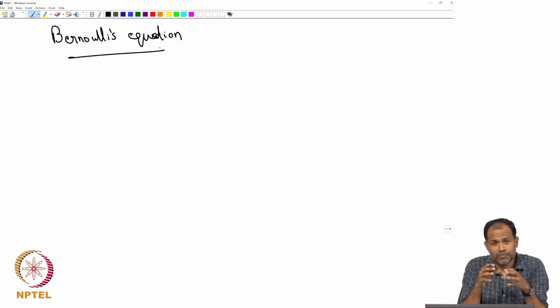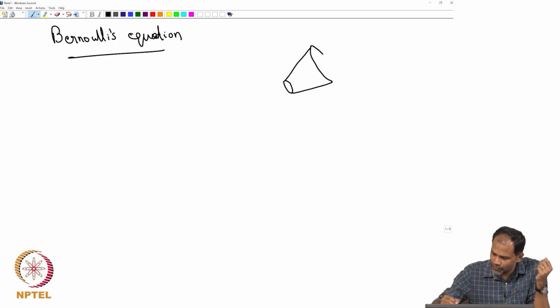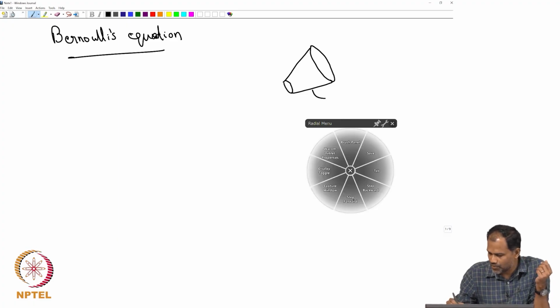So, for this particular one, we are going to really write down just energy balance as a 1D equation. Okay. So, we will not consider therefore a cubic element, we will consider something simpler. Let us say a fluid element, which is actually a stream tube. I will explain what is a stream tube.